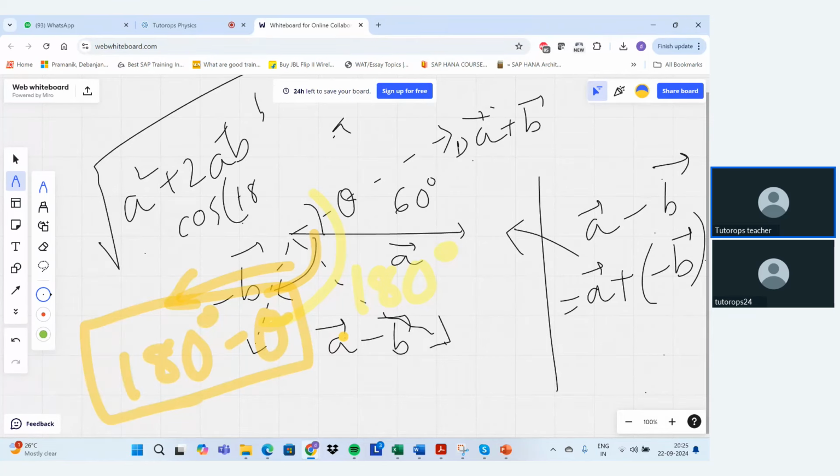So we learned the subtraction also. Fine, this was the case of subtraction.